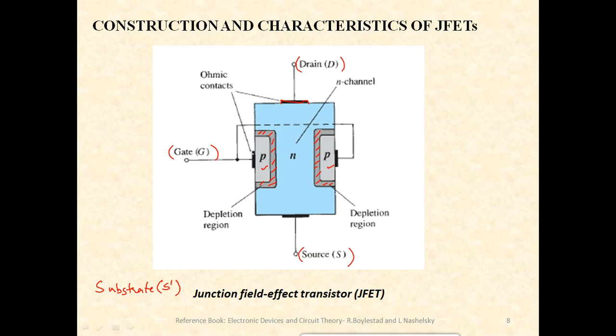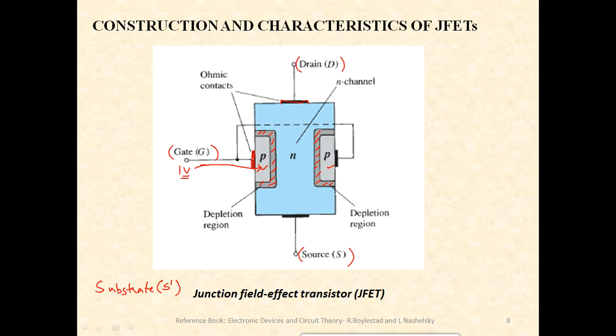One more small thing which is present here is the ohmic contact. The purpose of an ohmic contact is that, for example, if I am applying 1 volt at the gate, then the entire 1 volt will be fed from the terminal to this portion of the device without any drop, by means of ohmic contacts.